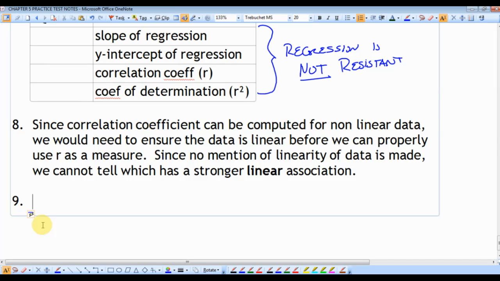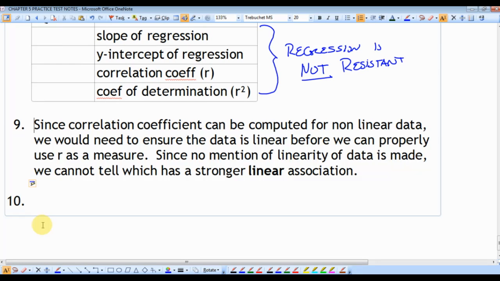Next, number 10. Okay, so we're seeing a curve in the residual plot.